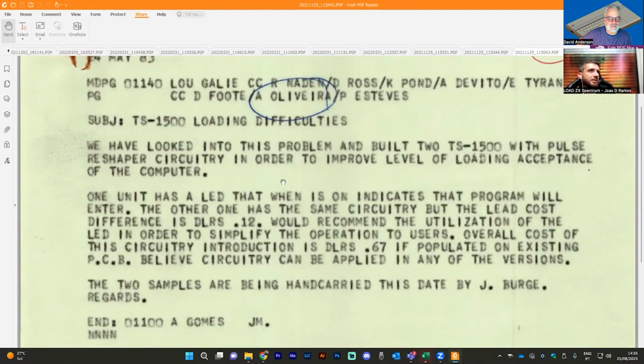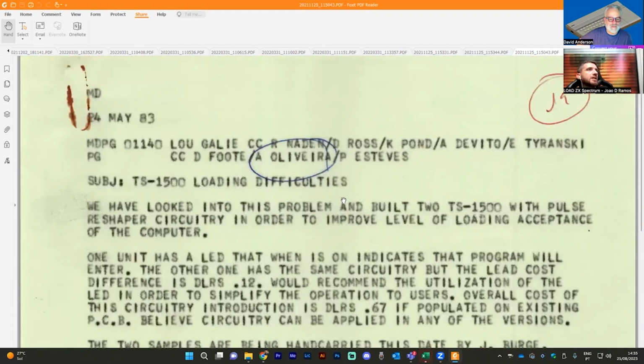The other one has the same circuitry, but the LED cost difference is $0.12. Would recommend the utilization of the LED in order to simplify the operation for users. Overall cost of this circuitry introduction is this. If populated on existing PCB, believe circuitry can be applied in any of the versions. The two samples are being hand carried at this date by J. Birch. Regards.